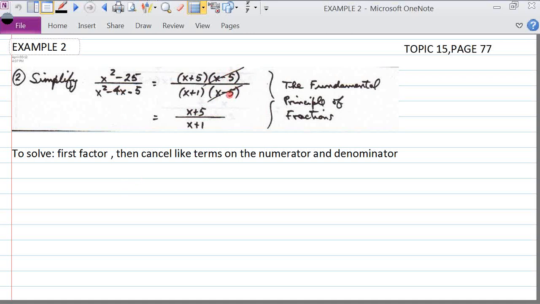I cancel these two expressions. And I'm left with x plus 5 over x plus 1. So first we have to factor and then cancel like terms on the numerator and the denominator.